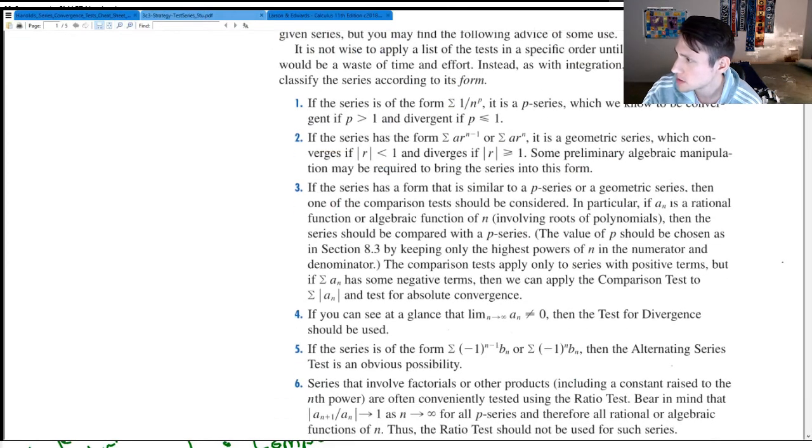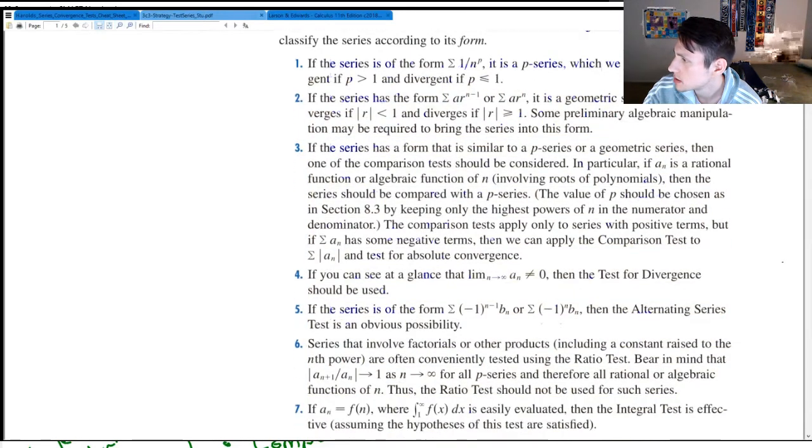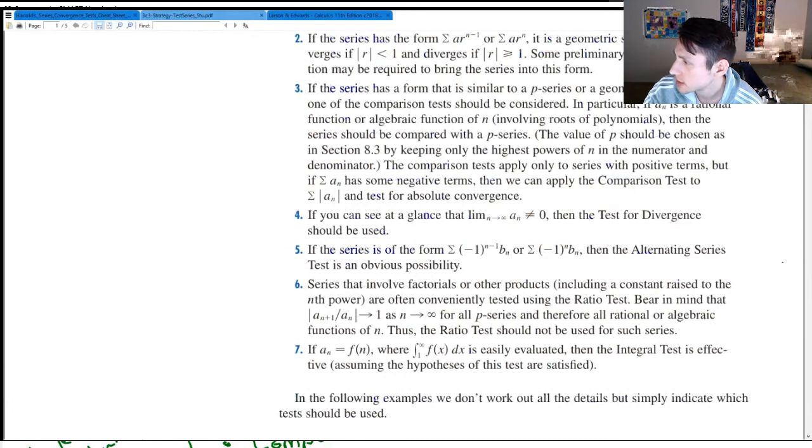This is more about what you need to identify. So, 1 over n to the p series, something of this form, geometric series, etc. Divergence test, alternating series.